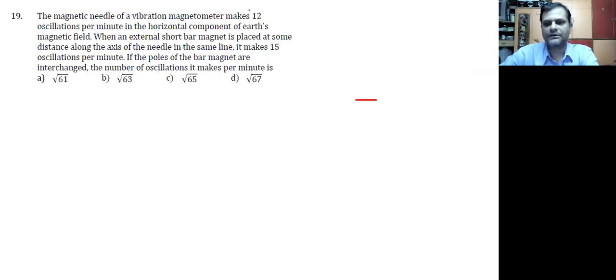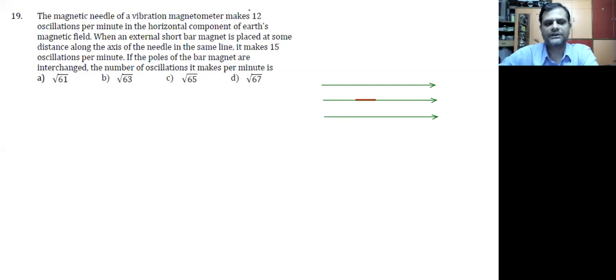And it is making simply 12 oscillations per minute in the Earth's magnetic field. तो अब यहाँ पे अर्थ का जो मैग्नेटिक फील्ड है वो हम ड्रॉ करेंगे यहाँ पे इस डायरेक्शन में. ठीक है, this is the magnetic field produced due to the earth, which will be suppose like this. ओके, तो इसके अंदर जब उसको वाइब्रेट कराया जाता है तो उसकी वजह से उसका जो ऑसिलेशंस है, नंबर ऑफ ऑसिलेशंस कितने दिया हुआ है, 12 ऑसिलेशंस पर मिनट दिया हुआ है.